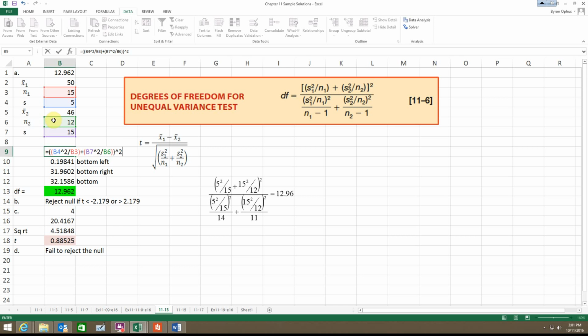Let's hope I did it right. See if all my other numbers change. They didn't, so I must have done that correctly. So I got the top part done.